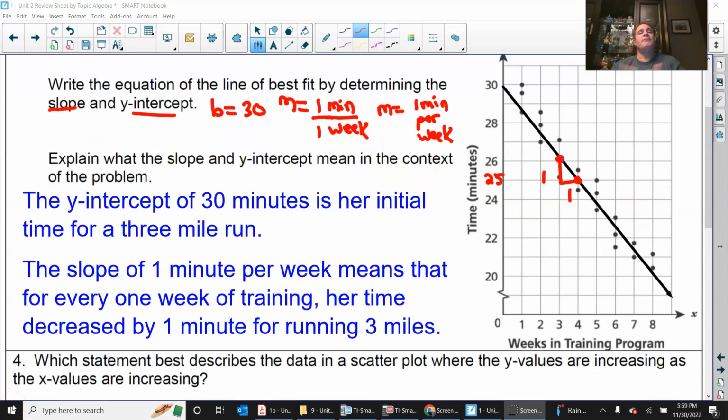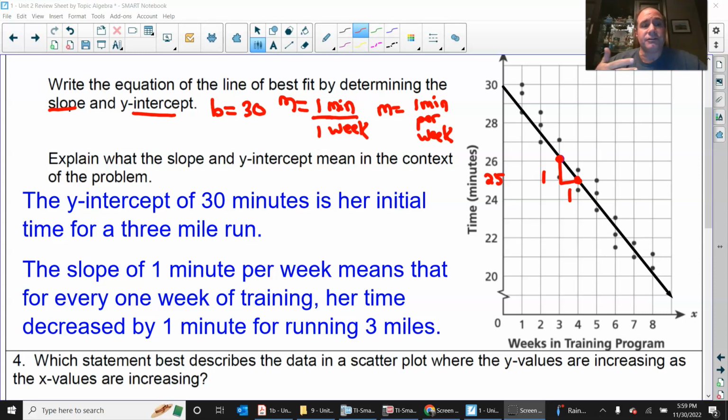Okay, so I typed it out here, and now I'll read it to you. The y-intercept of 30 minutes is her initial time for a 3-mile run. And this is basically weeks in a training program. As the weeks go on, she's decreasing the amount of time that it's taking her to finish this 3-mile run.